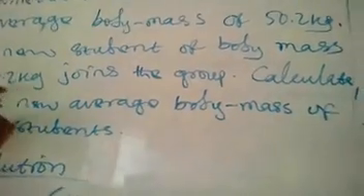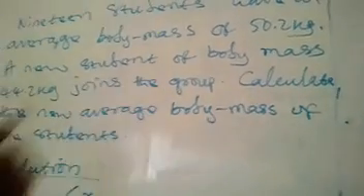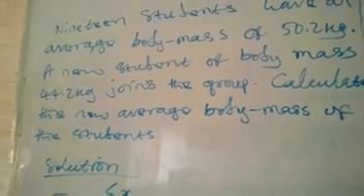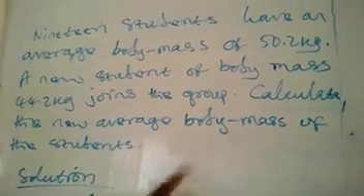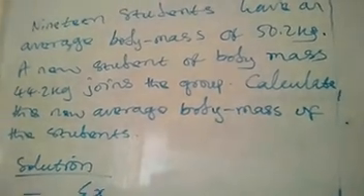Now, a new student of body mass 44.2 kg joins the group. We have added 19 students to get this, and then another student now joins the group. We should calculate the new average body mass of the students.